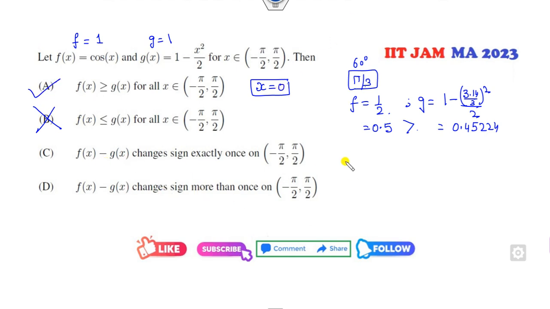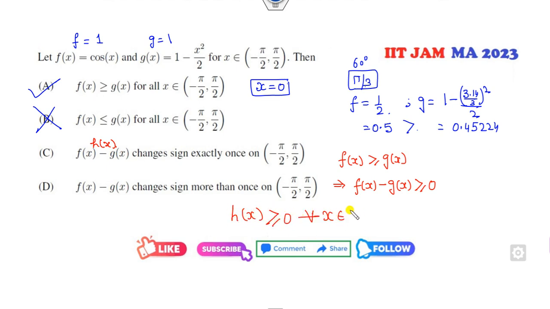Now f(x) minus g(x). If f(x) is greater than g(x) by the first part, what does it mean? f(x) minus g(x) is always greater than 0. So if I consider this as h(x), that means h(x) is greater than 0 for all x in this domain. Fine. So what does it mean?